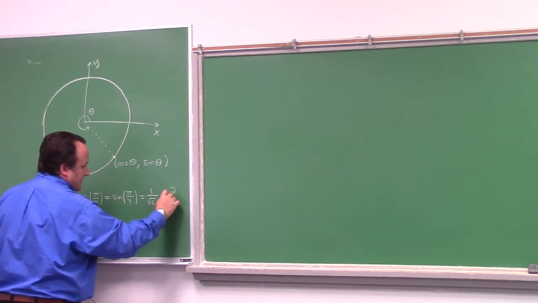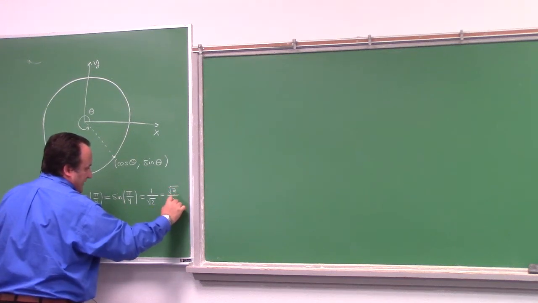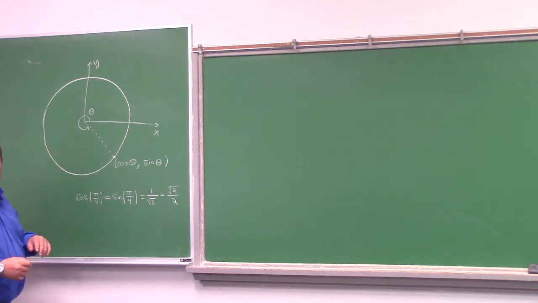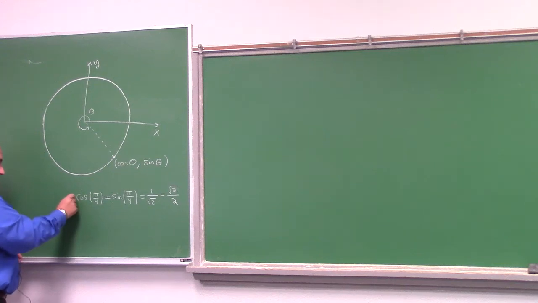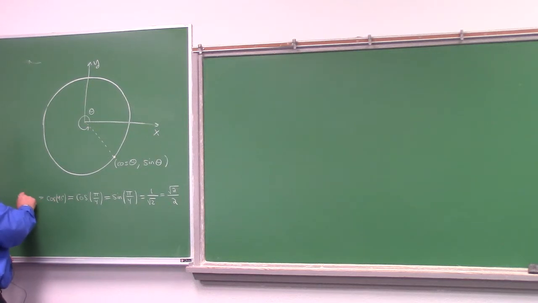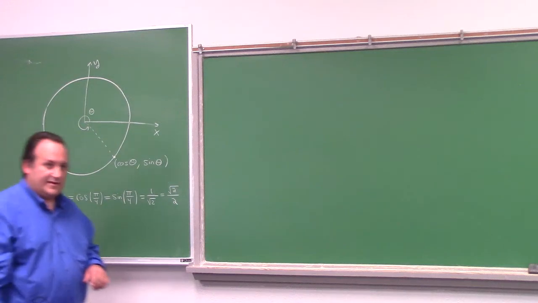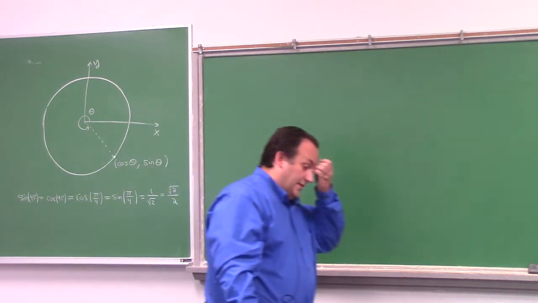That's also equal to the square root of 2 over 2, so sometimes you see it written like that. And of course, this is also equal to cosine of 45 degrees and sine of 45 degrees. So I try to talk about degrees and radians in here.